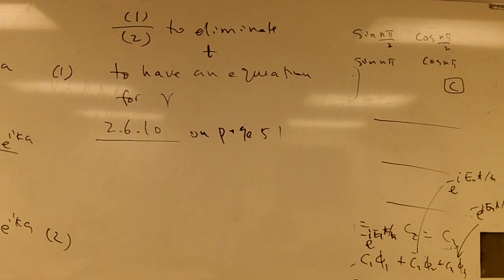Essentially what we did was solve 1 and 2. In one case we solved for this guy, which is t times e to the ik. The other is solved for r, because you only have 2 unknowns, right? R is unknown, t is unknown, so we just solve for them.